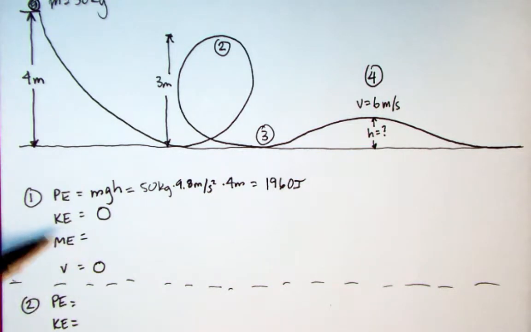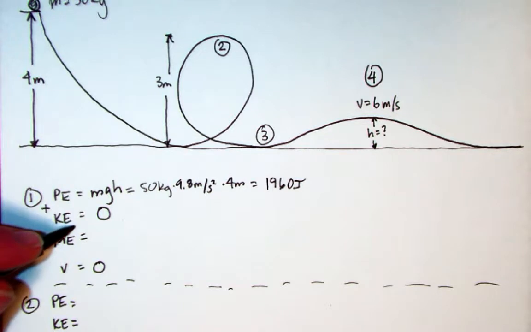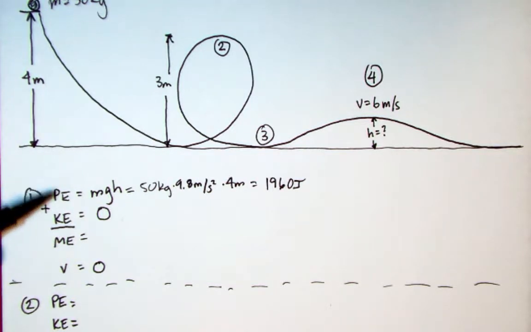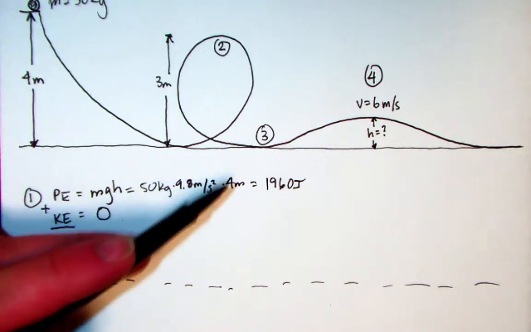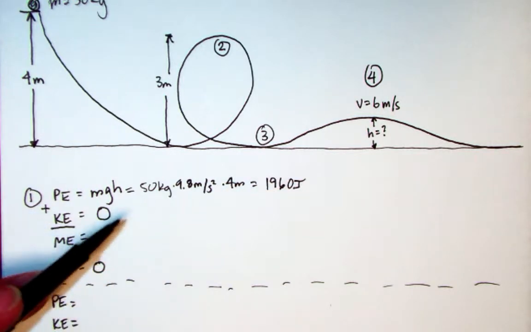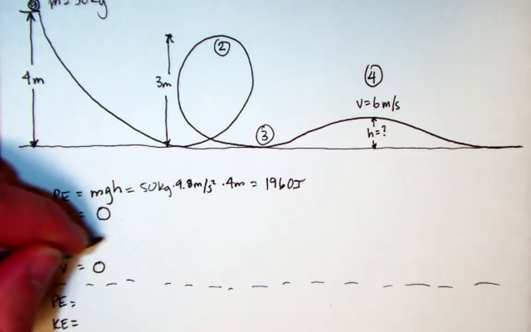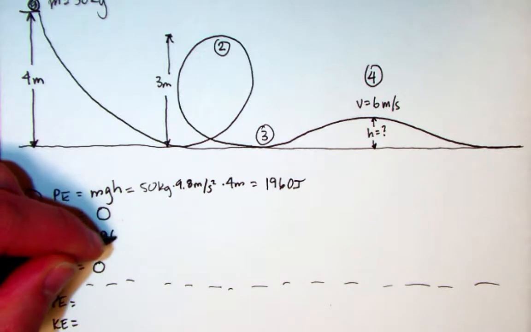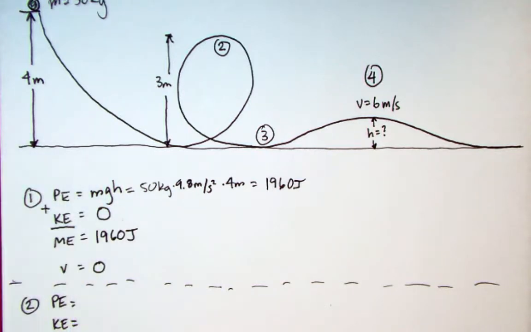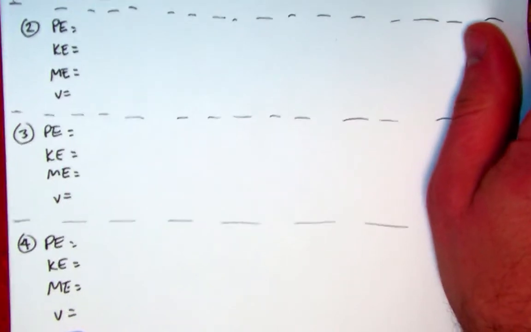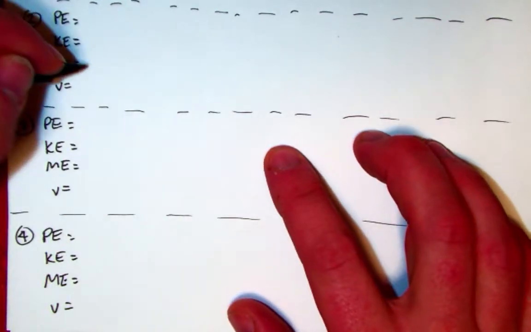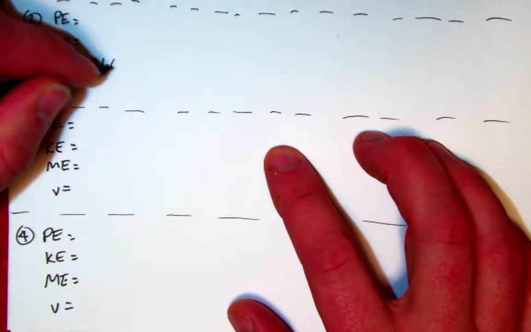Now remember, the mechanical energy that we have is the sum of potential energy plus kinetic energy. So I'm going to take 1960 plus 0, and I'm going to add those together, and that obviously should be 1,960 joules of mechanical energy. Now, I know that energy can't be created or destroyed, and that means that for each of the next 3 situations, the mechanical energy is again going to be 1,960 joules.